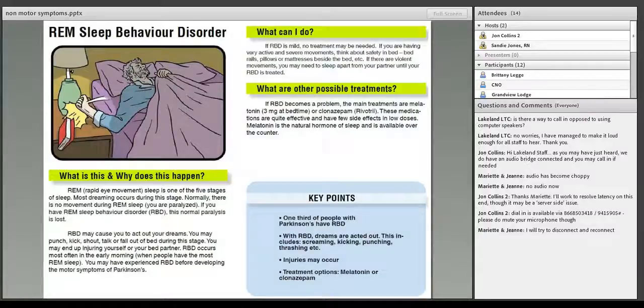The good news is it can be treated. Often misdiagnosed, but there is good treatment for the sleep behaviors.